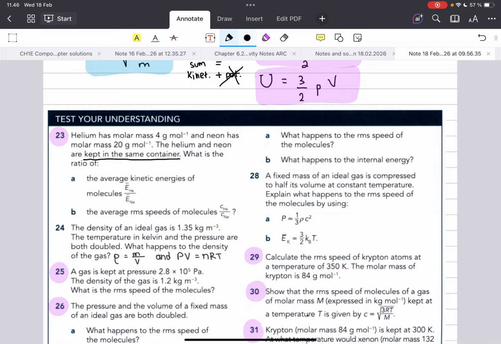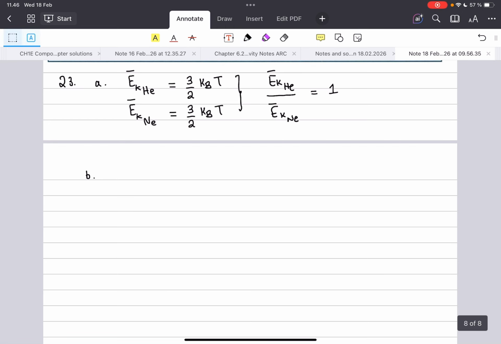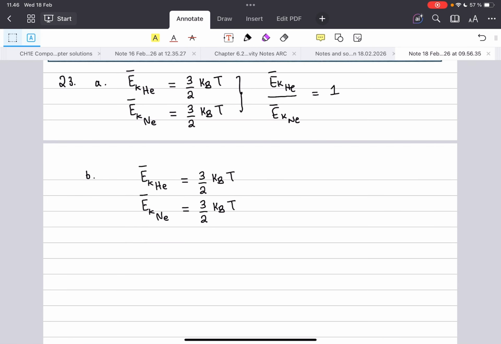In B, it says find the ratio of the average root mean square speeds of the molecules. Like we've worked previously, I'm just going to steal those equations that I just wrote above so I don't have to write them twice. So a half times the helium mass times the speed squared, that's the kinetic energy of the helium particle, and the same for neon with the neon root mean square speed.